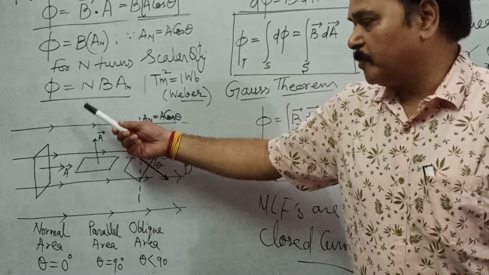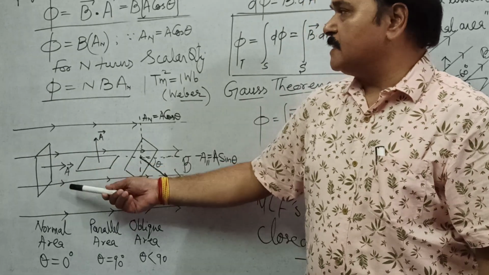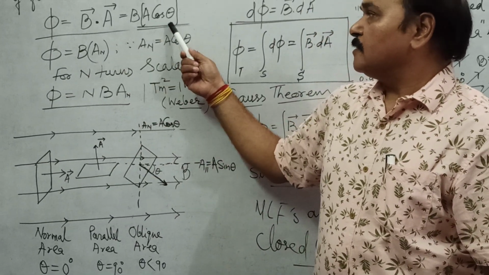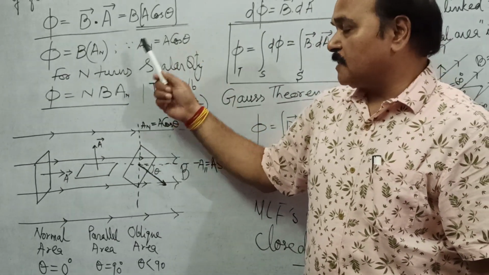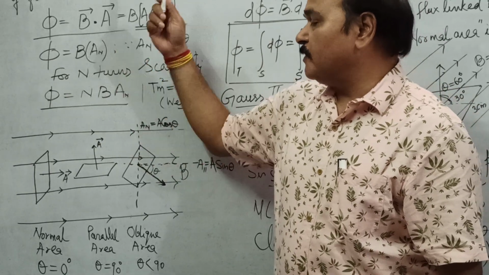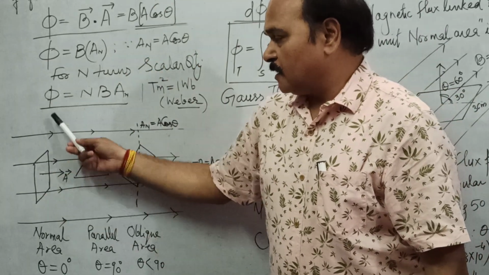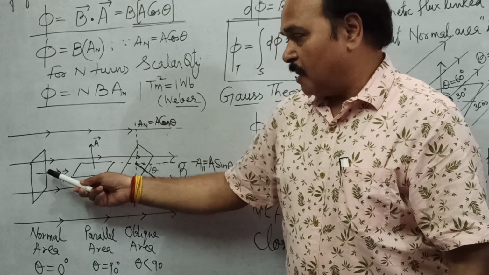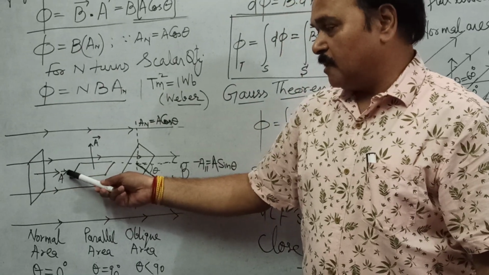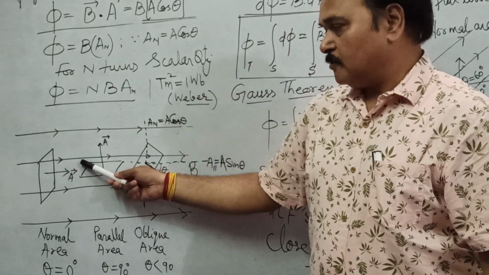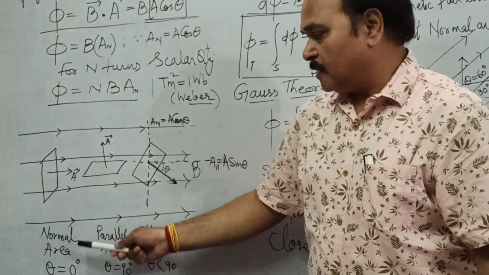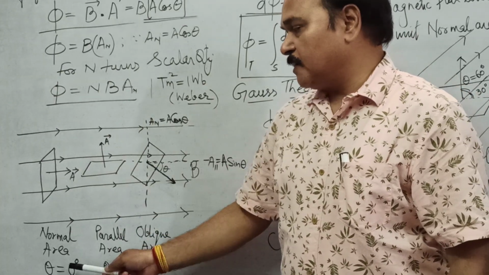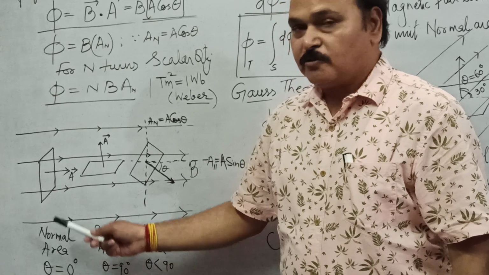What is the angle theta in the definition of magnetic flux? This theta is the angle between the area vector and the magnetic field vector. The direction of this area is normal to its plane, and the normal to its plane is parallel to the magnetic field. So what is the angle between B and A? 0. So for this area, the angle theta is 0.